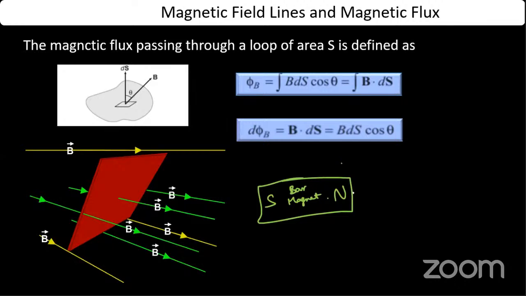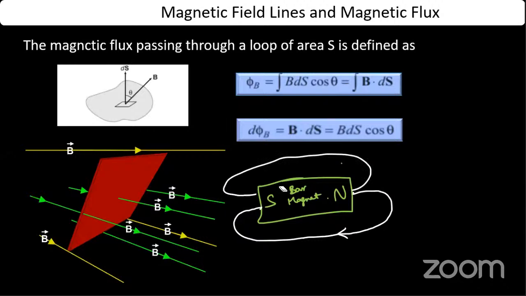Similar to an EMF, where positive charges are emitted from the positive plate and collected back at the negative plate, in a magnet also the field line starts from the north pole and ends at the south pole outside the magnet.